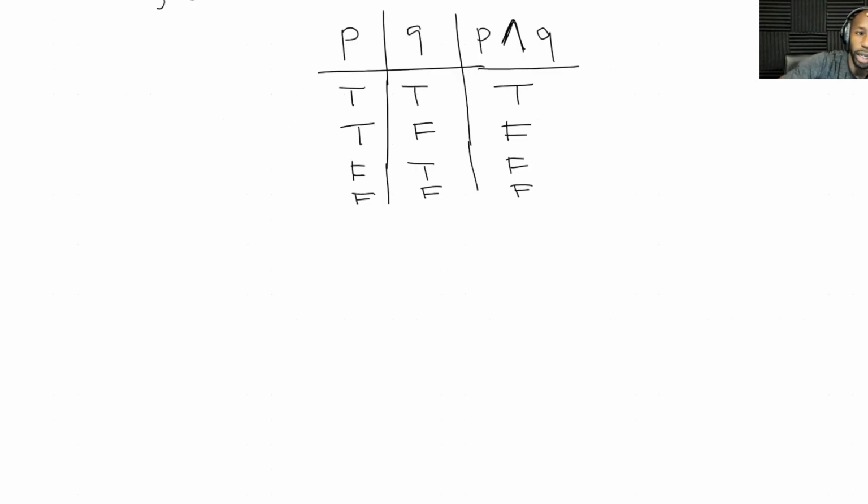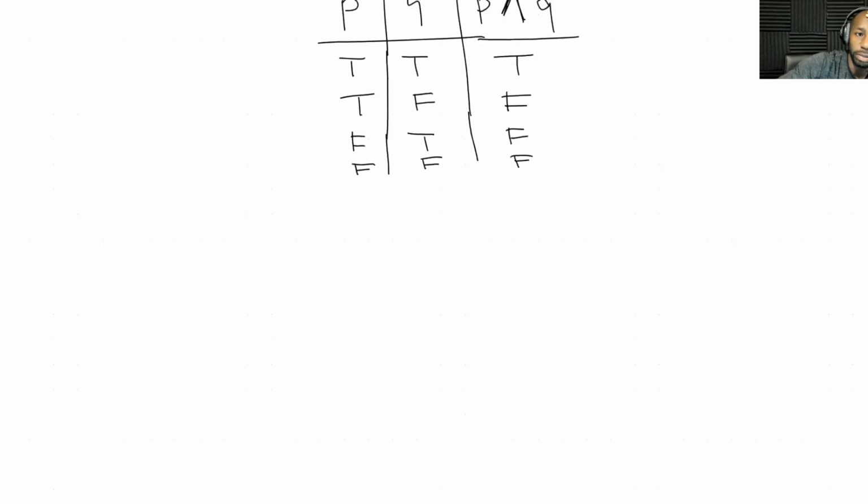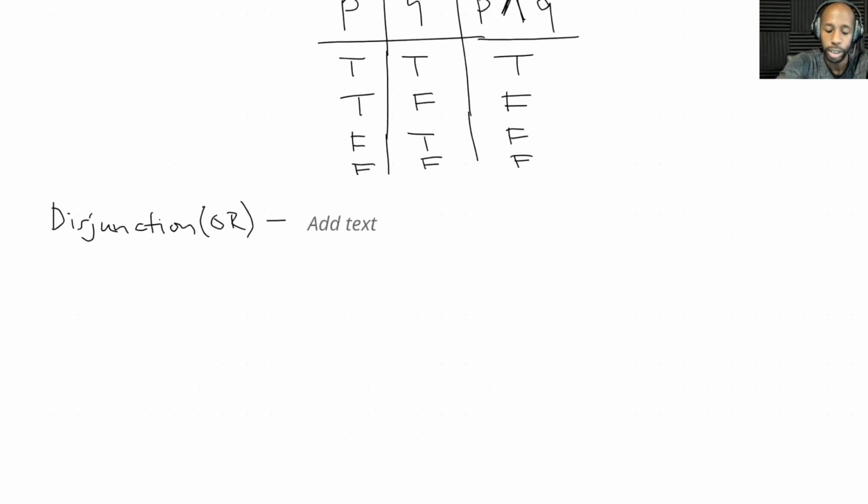Now let's talk about a disjunction. I'm going to use the word or. A disjunction, I'm going to type this out here. A disjunction is a connection of two statements using the word or.